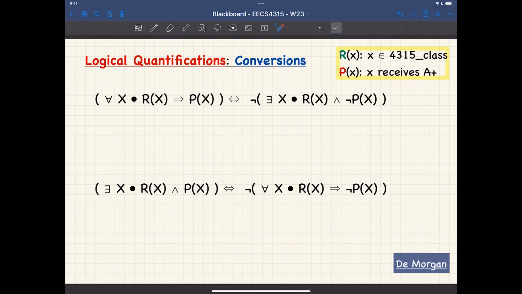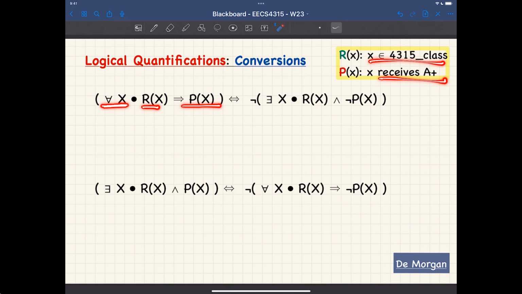The first thing is, I'm not going to write it down. How do you interpret the formula over here? When you try to convert from one into another, you can basically substitute R and P by some predicate, some property, right? Let me see if that might help, in case you're not convinced. So here we say that, let's say, for every X, and X is a student in 4315, if they are there, that means they receive an A+.